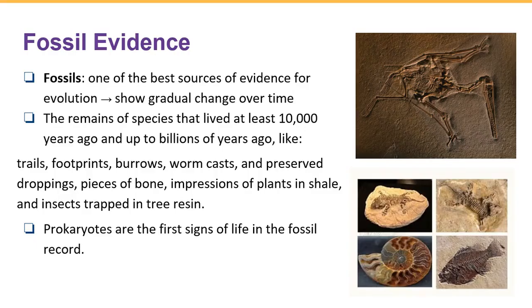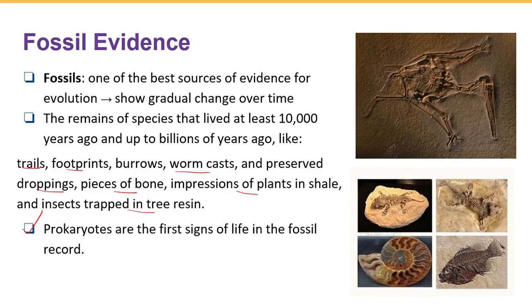A fossil can be trails, footprints, worm casts, preserved droppings, pieces of bones, impressions of plants in rock, or insects trapped in tree resin. So, for example, prokaryotes like bacteria are the first sign of life in the fossil record.